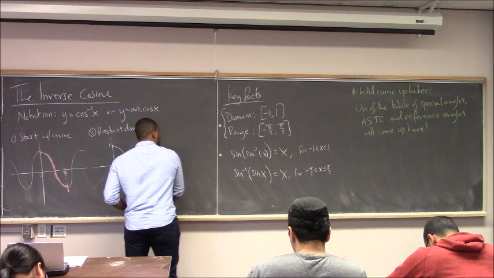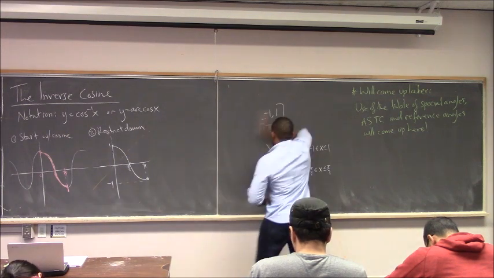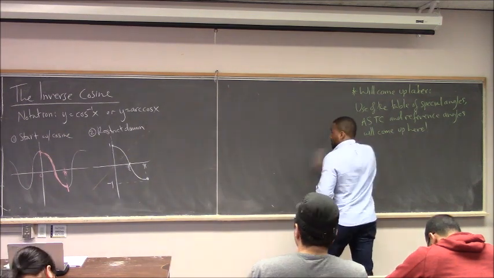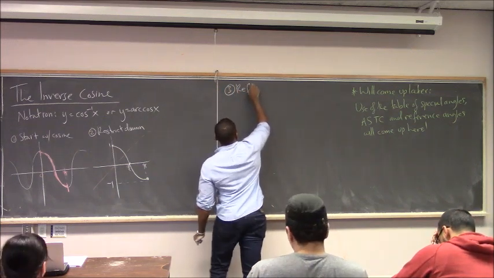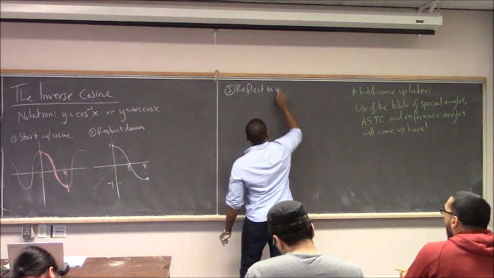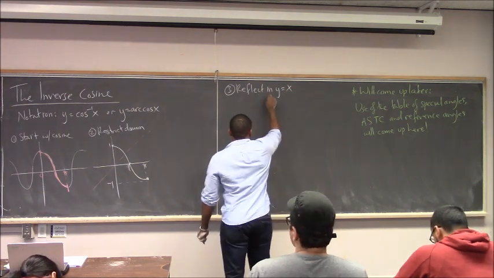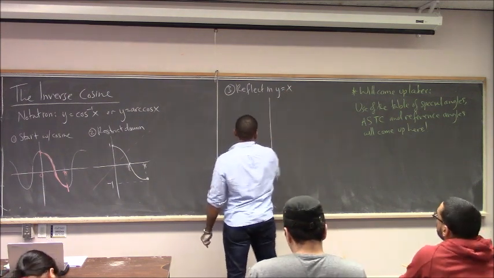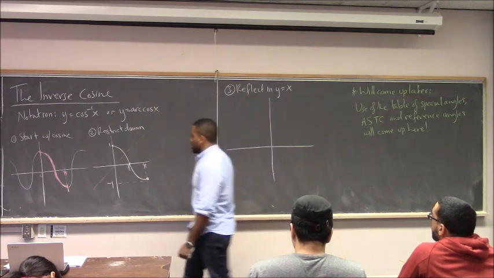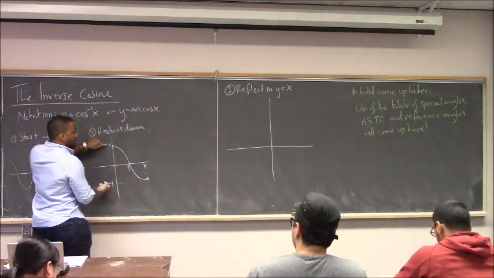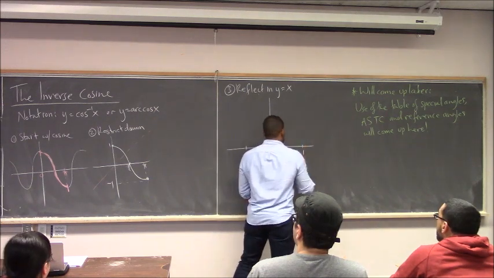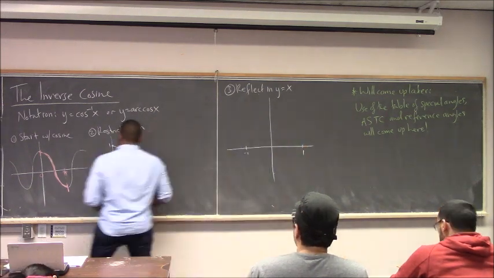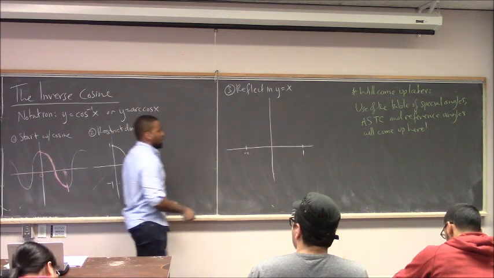And so sketch it a little bigger over here. Now how this guy is going to look is, of course, all your y values will now be your x values. And all your x values will now become your y values.